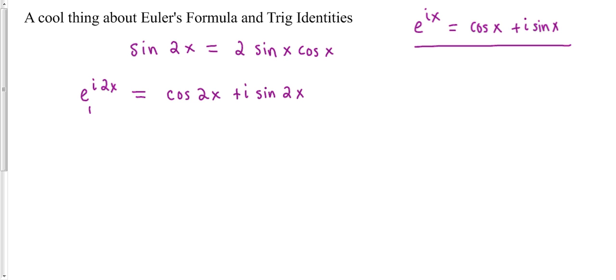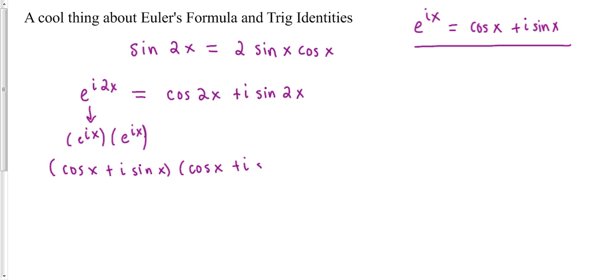But I can also write this another way. I can write this as e to the ix times e to the ix. And I can write each of those e to the ix's in terms of Euler's formula. So I can really have cosine x plus i sine x times cosine x plus i sine x.